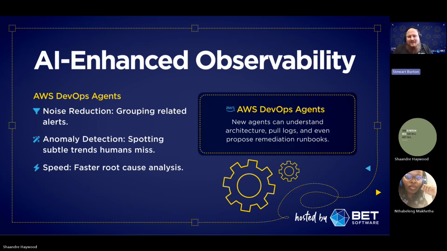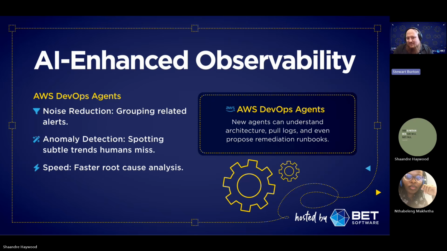So AI enhanced observability and DevOps. As mentioned, over the last few years, AI has moved from a buzzword to real-world tooling in DevOps and operations. So AIOps, or AI for operations, is about using machine learning to help detect anomalies, correlate events, suggest root causes, and remediate certain steps. In practice, AIOps tools can help cut down noise by grouping related alerts.